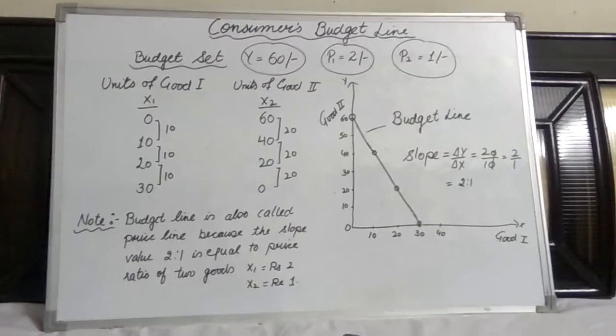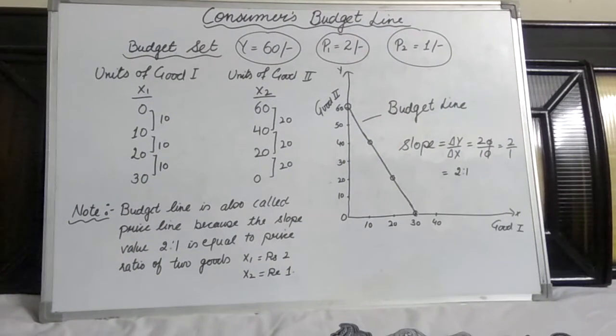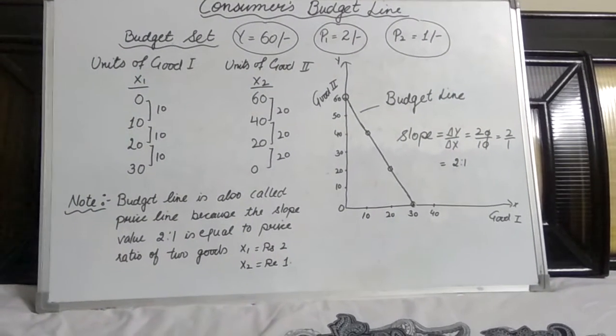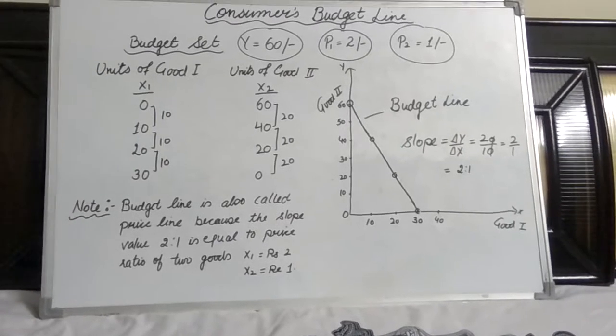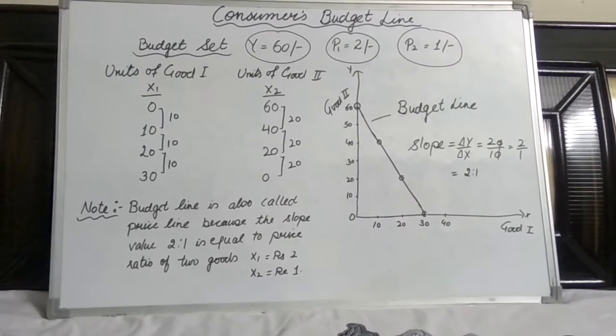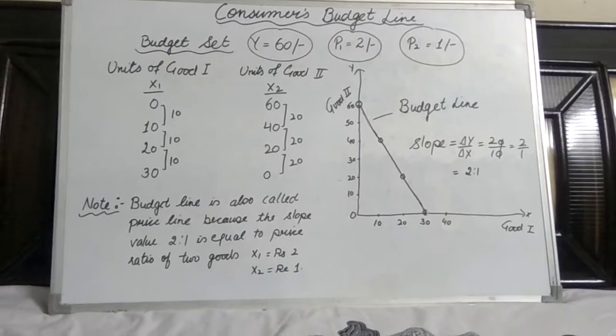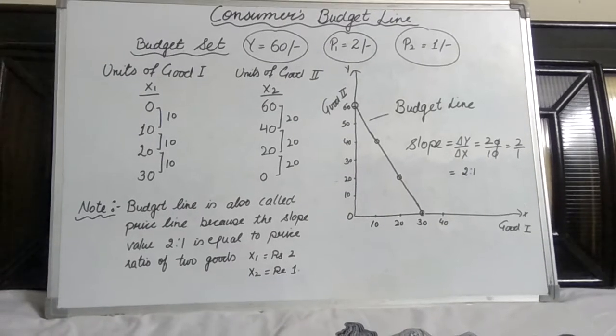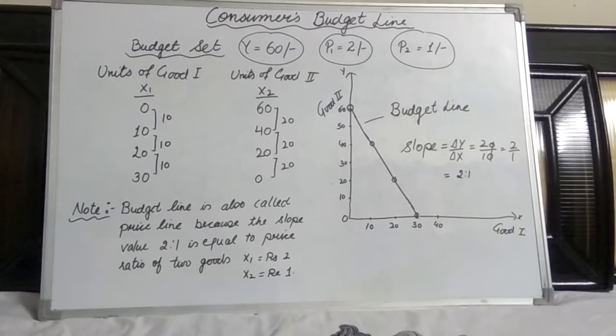So dear students, by plotting the budget set, we get the budget line that we have discussed in the first part of this video. It is very important to note here that the budget line is also called the price line. Why is it so?